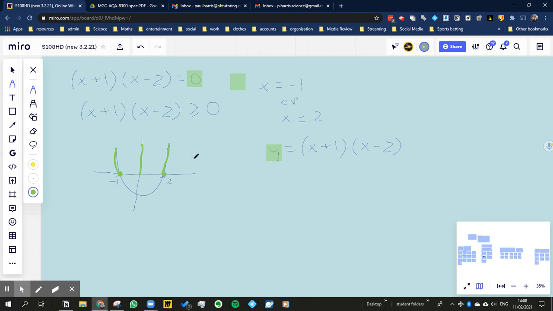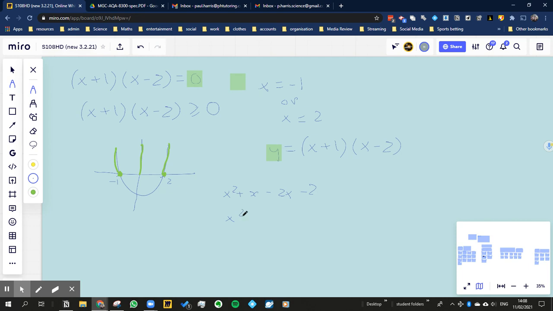So in other words, what you'll get is a question where it won't be in this format. You'll have something like, well, let's expand these brackets out. So we got x squared plus x minus 2x minus 2.